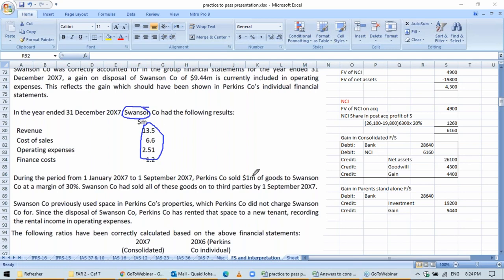And plus, there was an intercompany sale as well. And there is no unrealized profit, because all of the products sold to Swanson have been sold by Swanson to an external party, right? As they say, Swanson has sold all of these goods onto a third party. So there are no unrealized profits with the parent company. All the goods have been sold. Okay, so let me make the working.